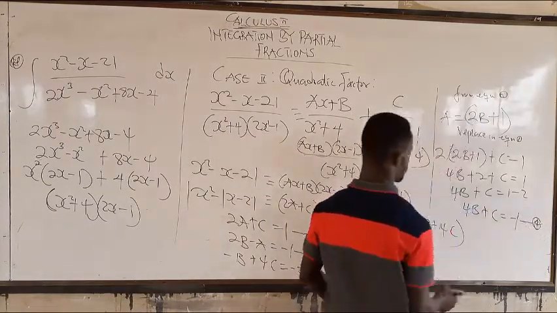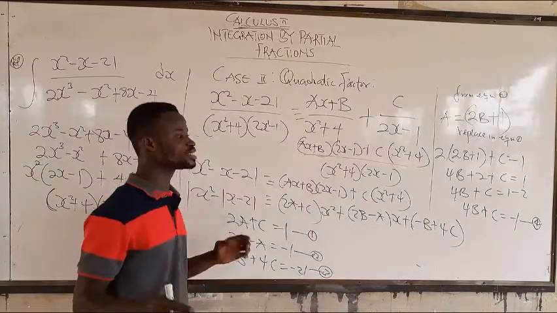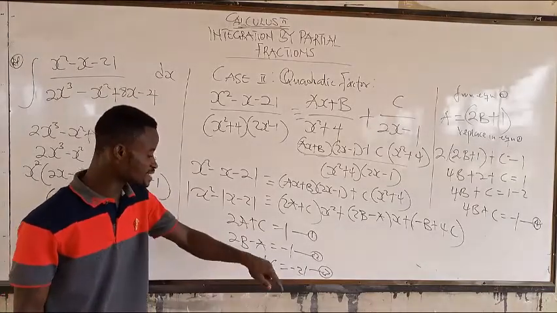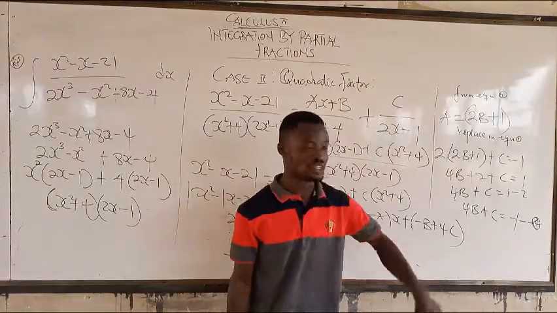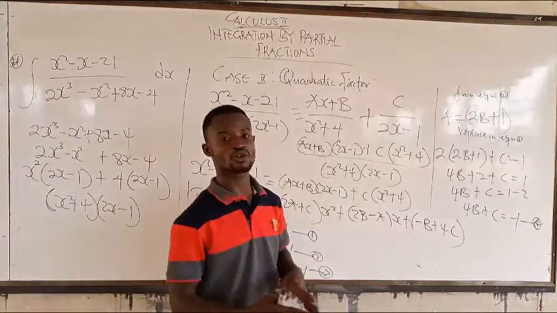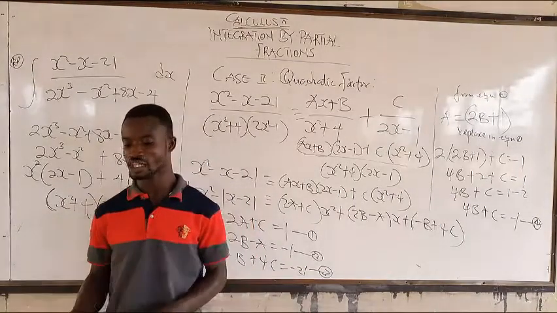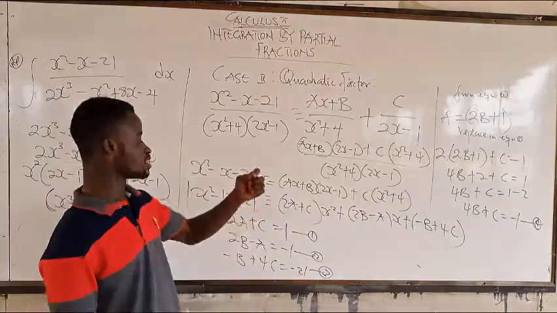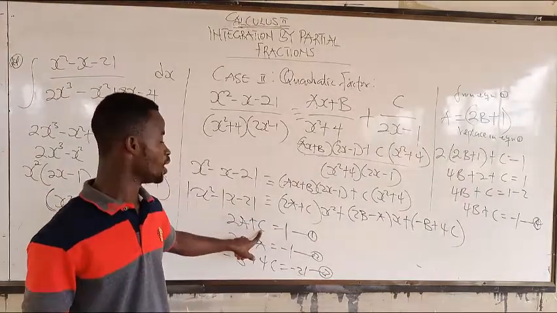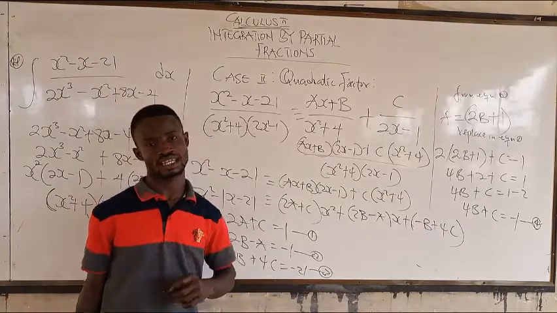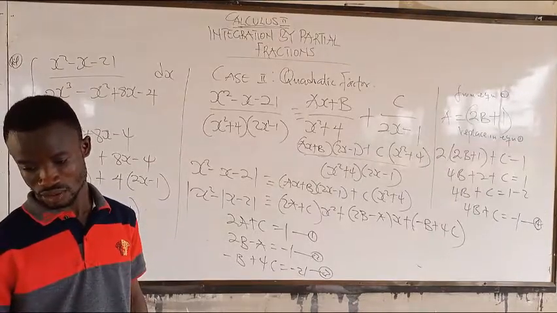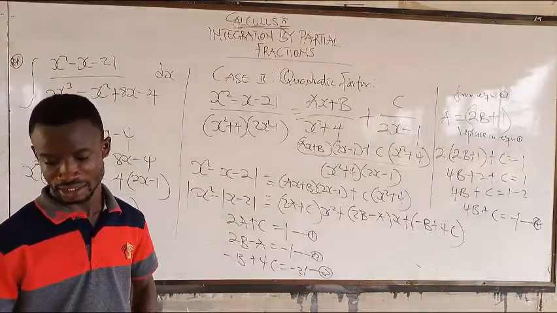Equation 4. So you can now see that equation 3 is in the form of B and C, and equation 4 is also in the form of B and C. So you can treat these two equations simultaneously and you are going to get B and C. And after getting B and C, to get A, replace the C value in equation 1 and you are going to get that of the A. So I'm going to give out the answer straightforward and go my way. Alright.